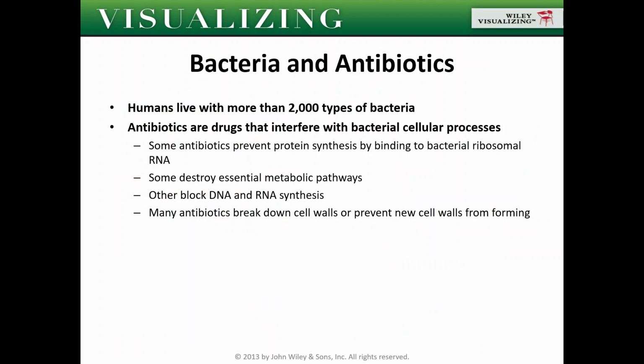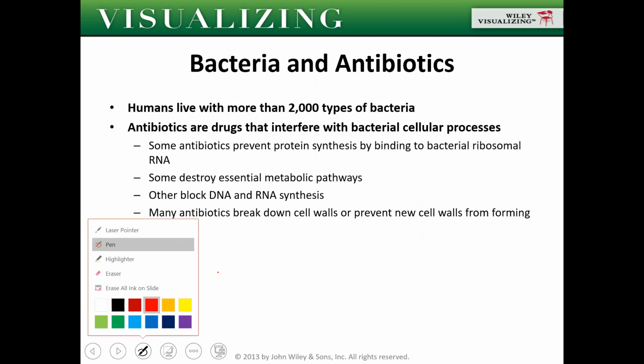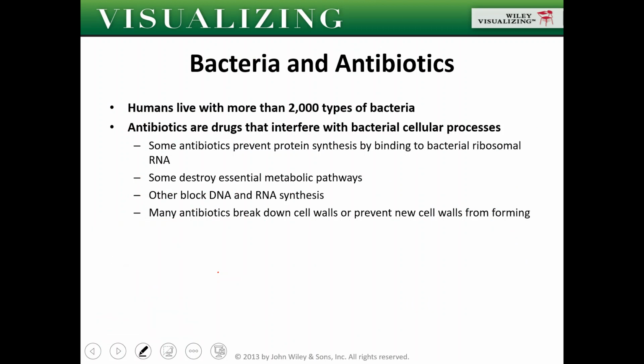Now, we live with an enormous number of bacteria, 2,000 different species in the gut, on the skin, in the mouth, reproductive organs, respiratory tract. And we also take antibiotics. And the problem with antibiotics, well, antibiotics are great. They treat infections, but they do not discriminate much between different bacteria.